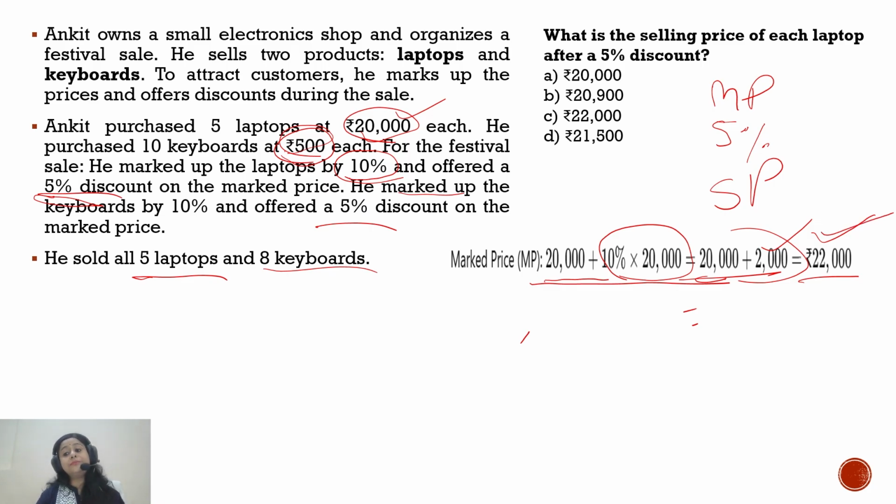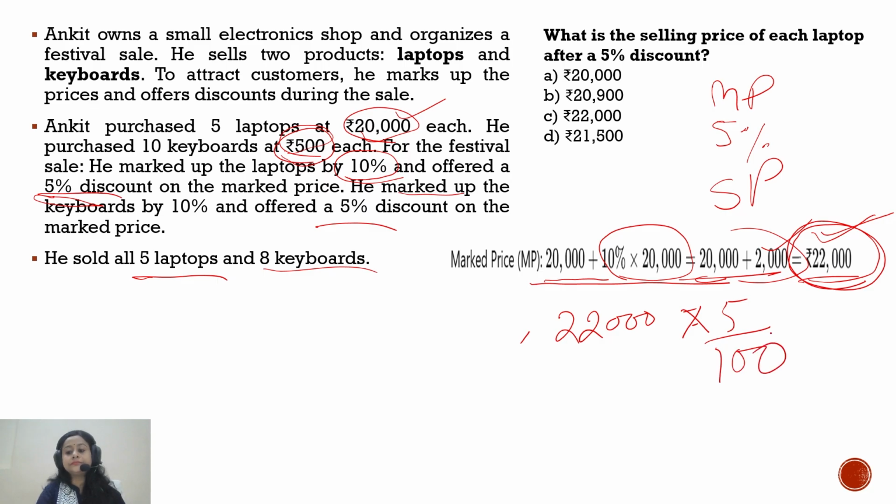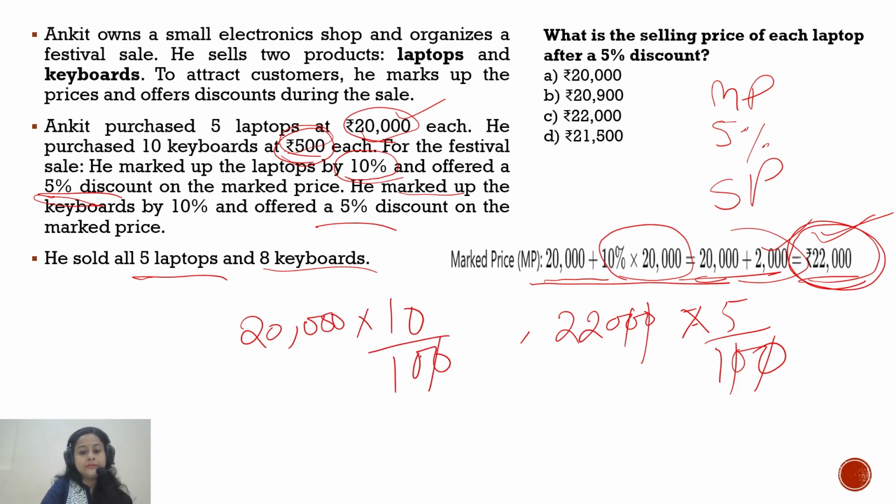Then you have to provide a 5% discount over this 22,000. So what will be 5% of 22,000, right? In the previous case, it was 10 by 100, and the 100 cancelled out to give 2,000.